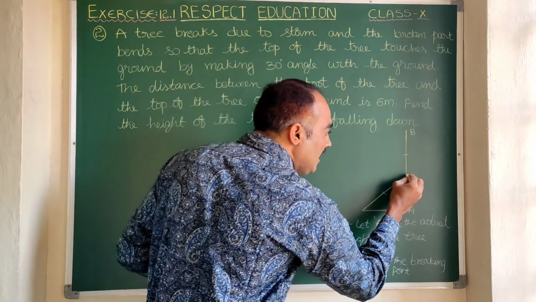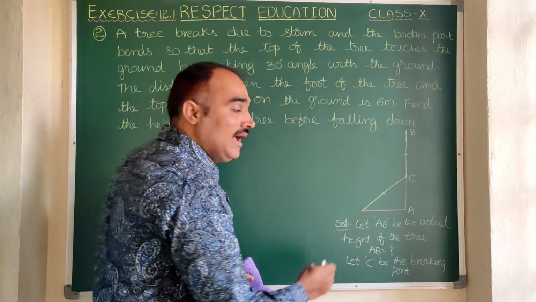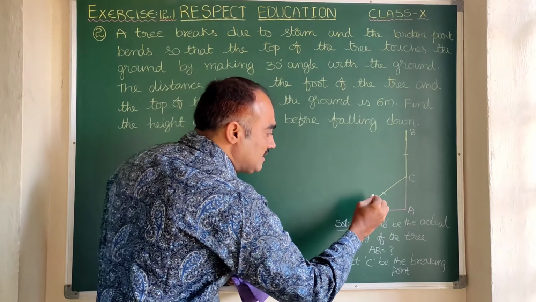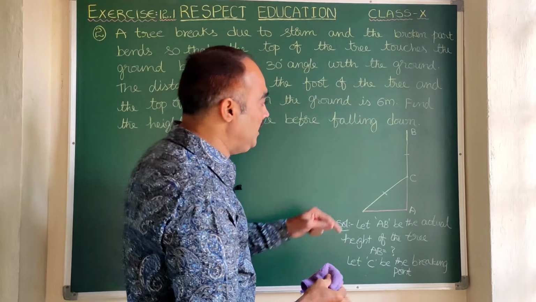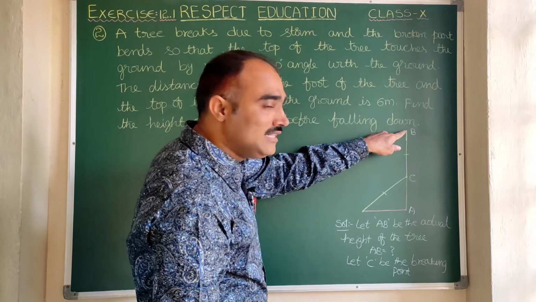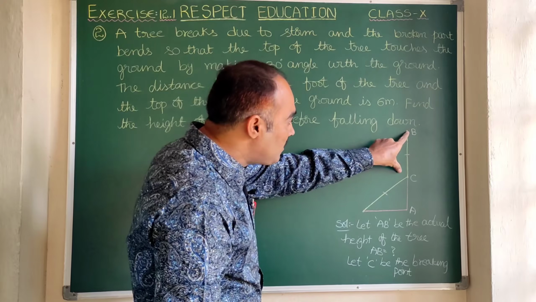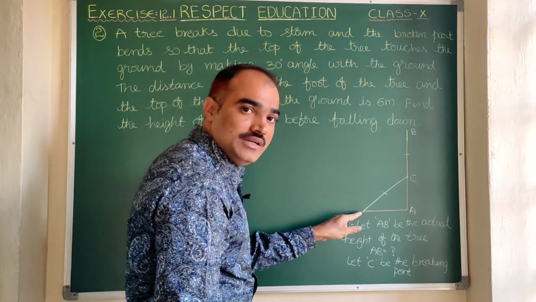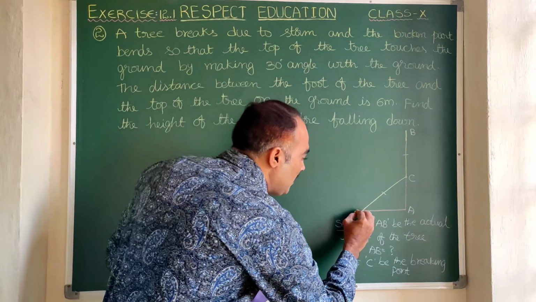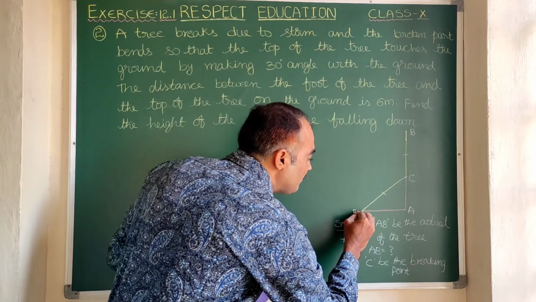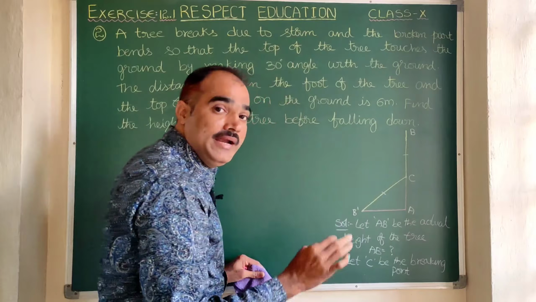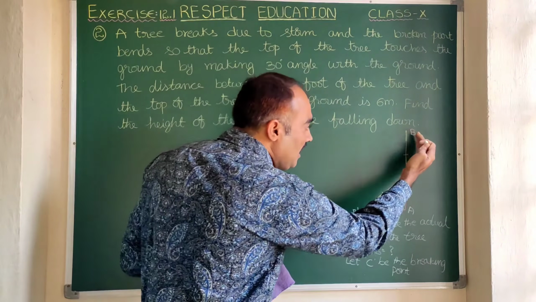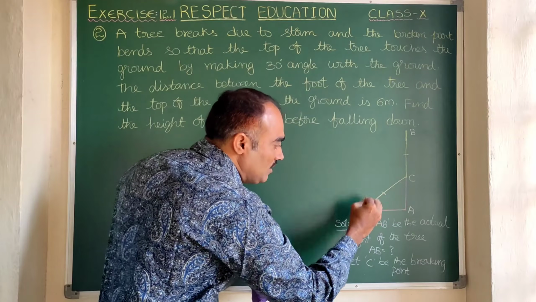The tree is broken at the point C, and this B touched the earth. If you observe carefully, B is the top of the tree. After breaking, the same B touched the ground. So here I am taking this point as B dash. B dash is nothing but B only. Clear? This B, after breaking, touched the ground.